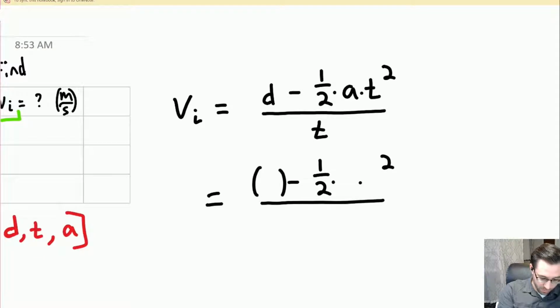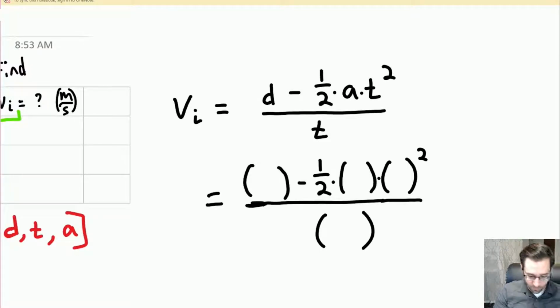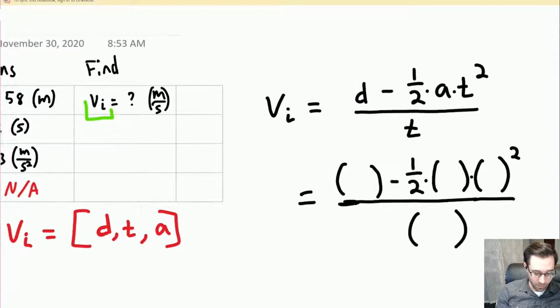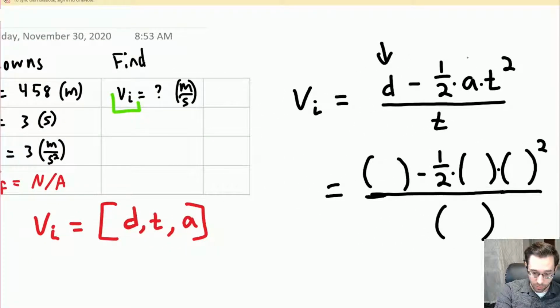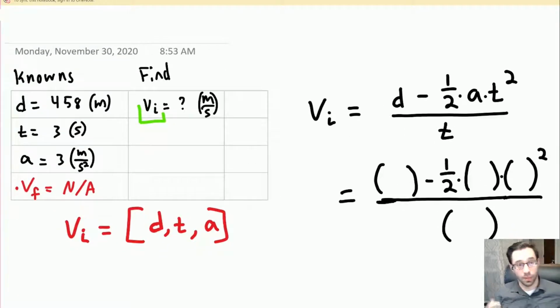So open parentheses. All I did was take wherever the variables were and put empty parentheses. One of the main reasons why I do this is so I don't lose the order or the structure of the actual expression.